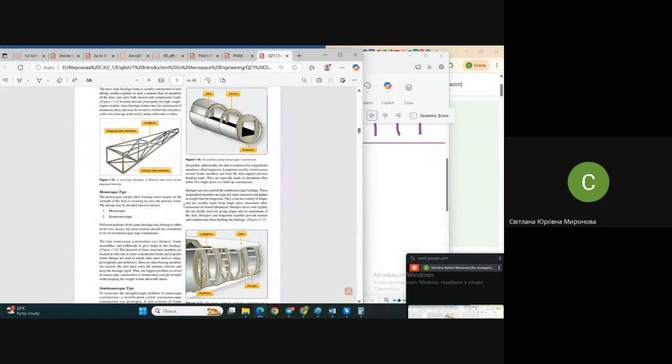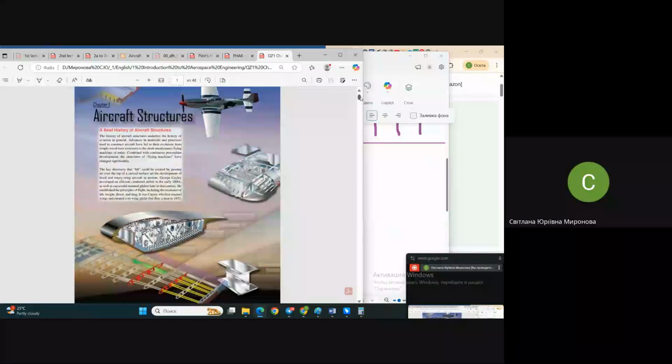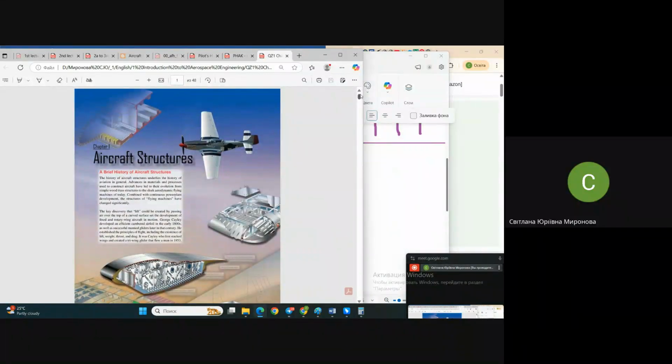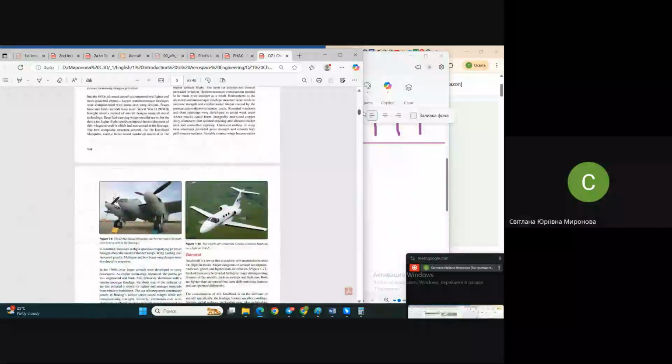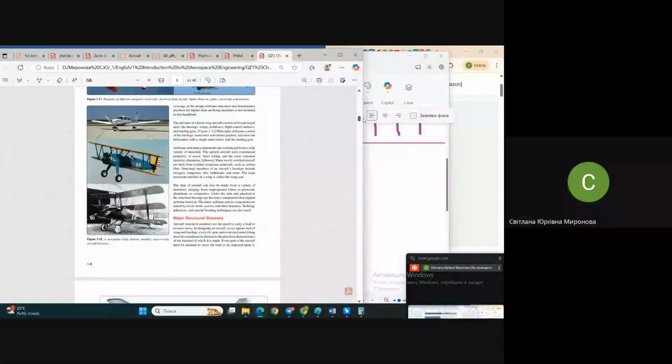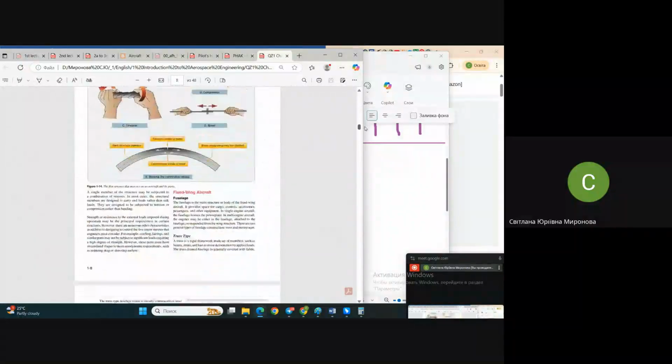In the book, not even the whole book, but this chapter on aircraft structures, I recommend you read, or at least try to read, to understand more about what I am trying to explain.